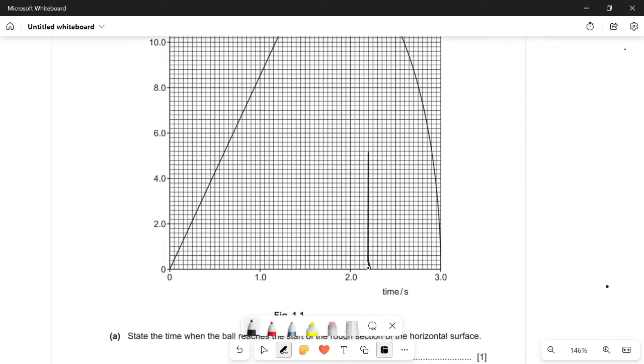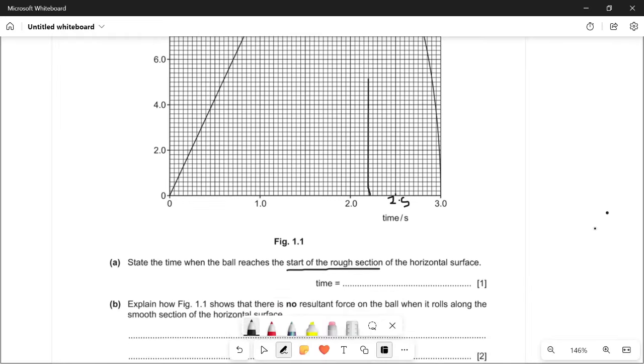So now we just have to figure out what this represents. 20 boxes represent 1 second. So this is half a second, which is going to be 0.5. This is almost half, so this is going to be 2.2. So the time is going to be 2.2 seconds.